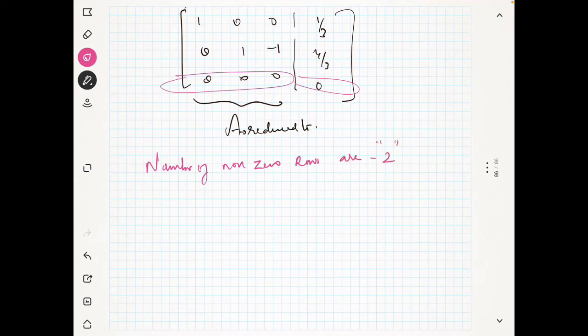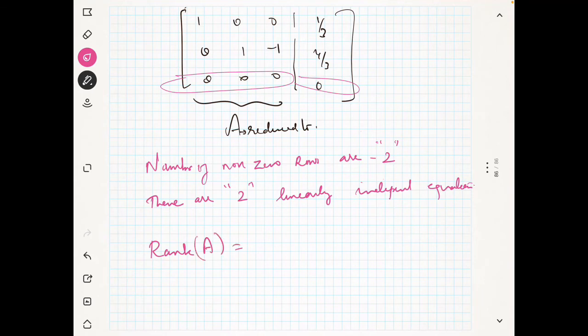That means there are 2 linearly independent equations, or vectors, you can say. That means the rank of A is equal to 2, but this is less than actually 3.